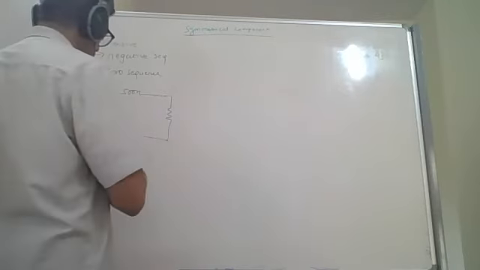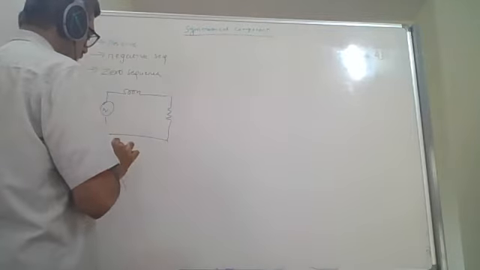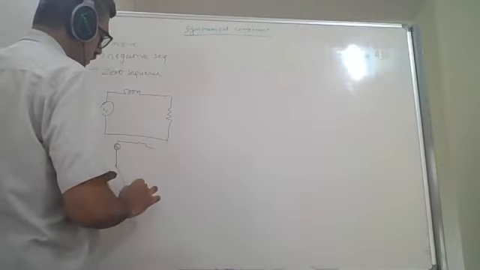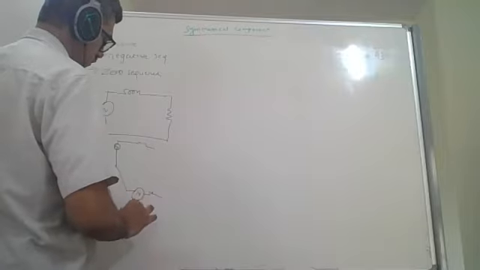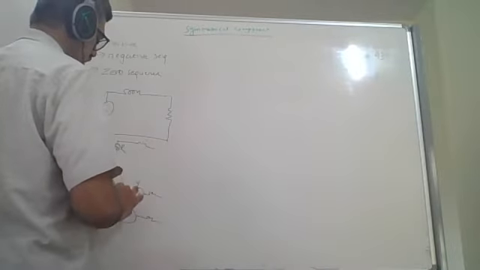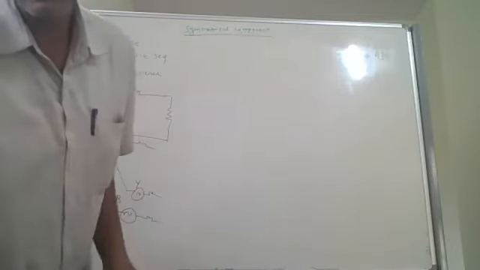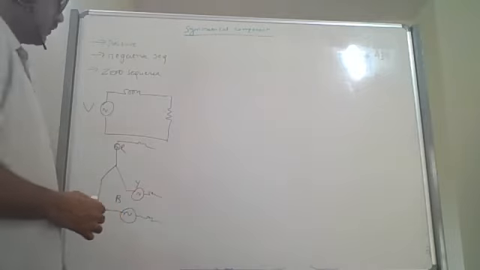So, see, normally I have a three-phase system. My three-phase system consists of what? This is RYB, right? This is the three-phase system. I can convert, okay?